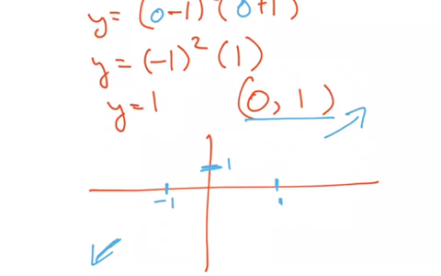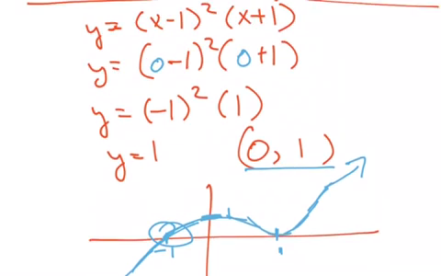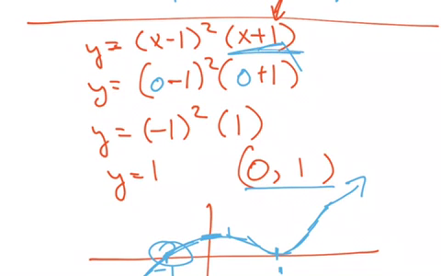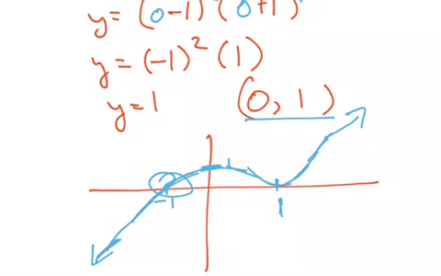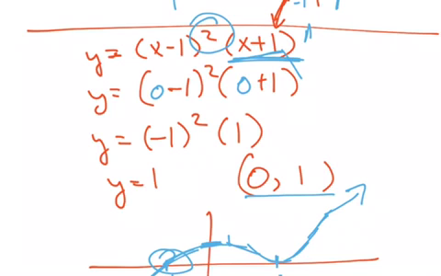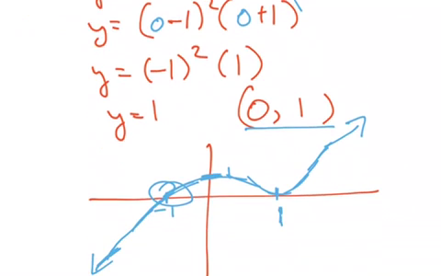If I draw this graph, it's going to go something like so. It cuts through at negative 1 because x plus 1 is raised to an odd power, and it bounces at 1 because x minus 1 squared is even. And there we have it.